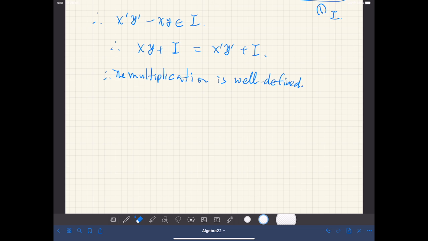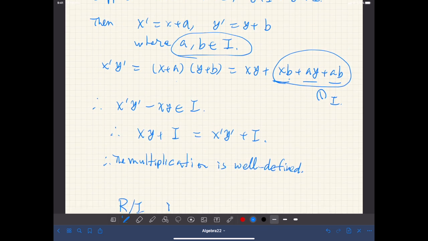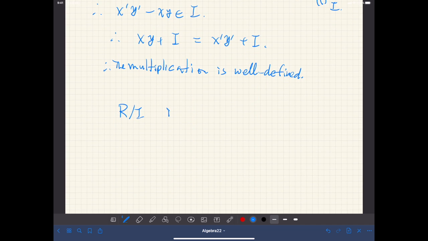And we already know that R over I is an additive group. In order to show that this is a ring, we need to show that this is a multiplicative semigroup, right?